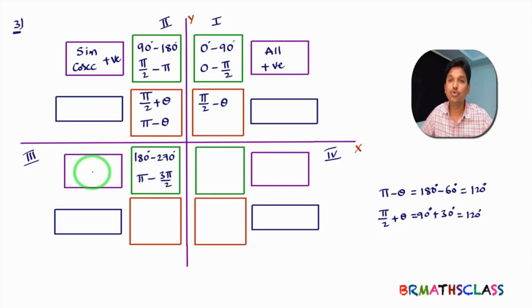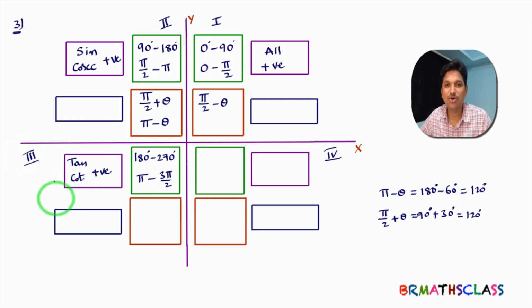When it comes to trigonometric functions, what are positive in third quadrant? In third quadrant, tan function is positive and cot function is positive. What about remaining all? Remaining all are negative. For example, what about sine in third quadrant? In third quadrant, sine is negative. Like that you need to remember. What are positive in third quadrant? Tan, cot are positive. Remaining all are negative.